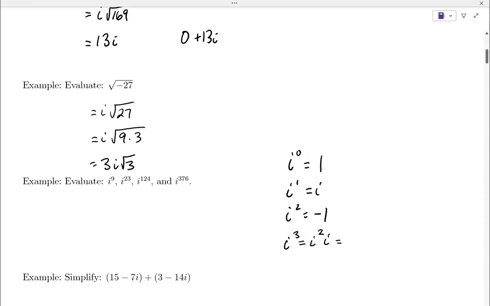So this just simplifies to -i, right? Let's do i to the 4th. I could do either i cubed times i or i squared times itself. What did you tell me that i squared was equal to? -1. -1 times -1 is 1. Yeah, so this simplifies to 1.